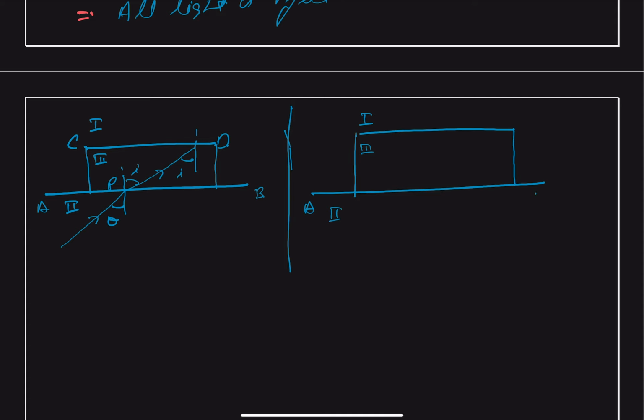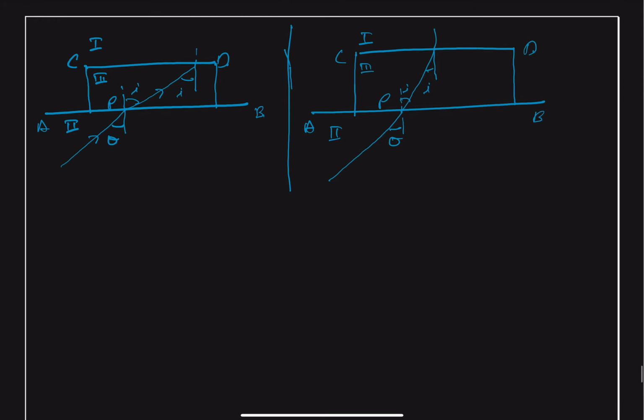So this is our AB and this is our CD, and this is point P. So the light ray is at angle of theta and it will be bending something like this, and once again this will be the angle of incidence here and this will be the angle of incidence here.